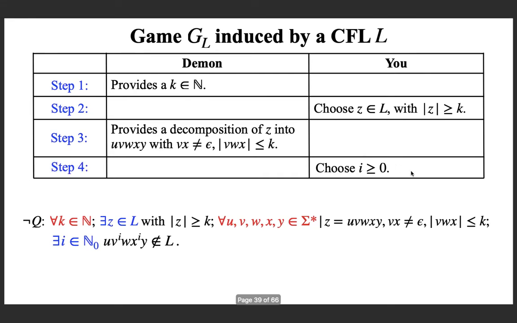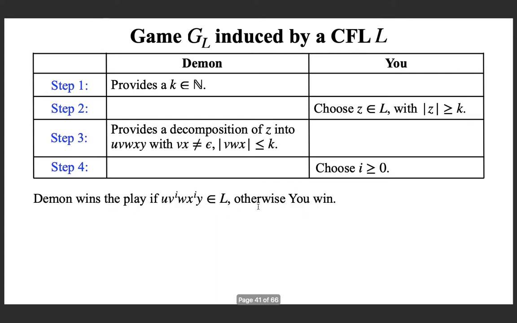Now the final part, there exists. So you can choose a natural number as i, okay, and then the demon, your opponent, wins if the resulting string, when you substitute the value of i given by you, is in the language.